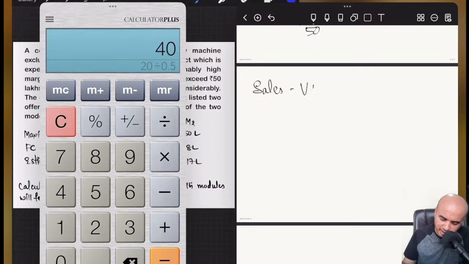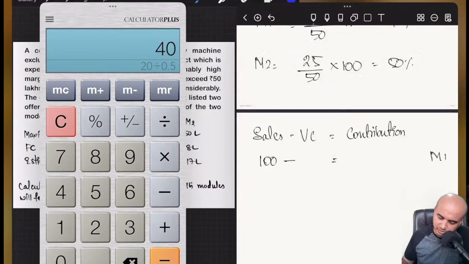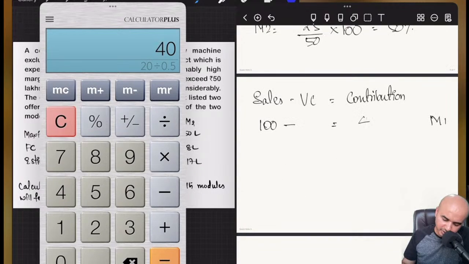Sales minus variable cost equals contribution. In case of M1, if sales is 100 and contribution is 40%, variable cost would be 60% of sales. Whereas in case of M2, if my sales is 100, contribution is 50, variable cost will also be 50% of sales.